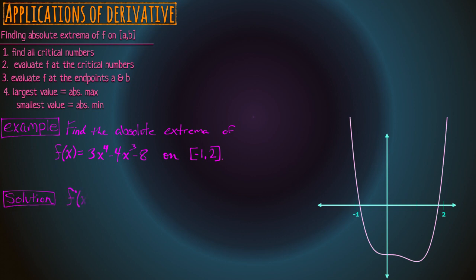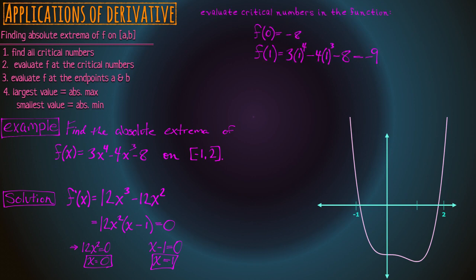Alright, so f prime is going to be 12x cubed minus 12x squared. If we set that equal to 0, we end up with x equals 0 and x equals 1. So we get two critical numbers here. So again, all we have to do is test the critical numbers, test the endpoints, and we're good.